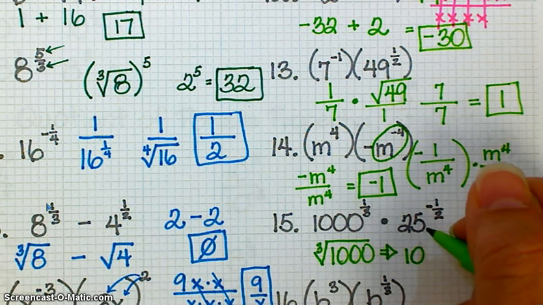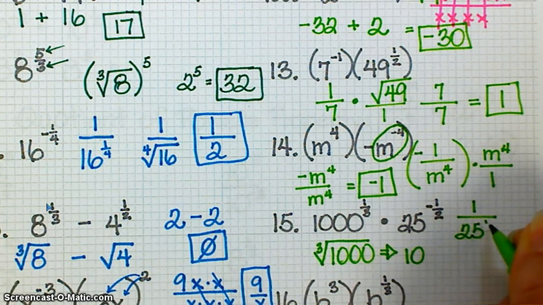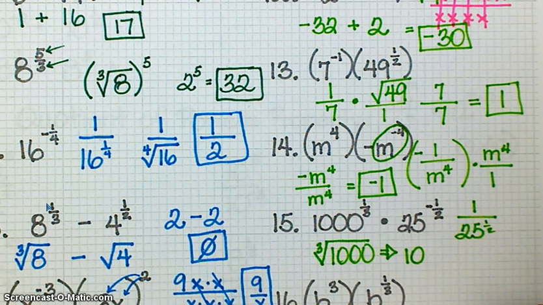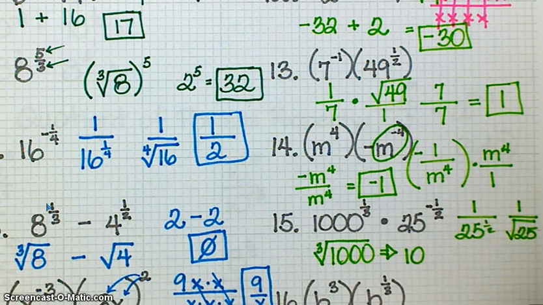And then it says 25 to the negative 1/2. Well, that's going to be 1 over 25 to the 1/2. 25 to the 1/2 really is the square root of 25. And what is the square root of 25? It is 5.